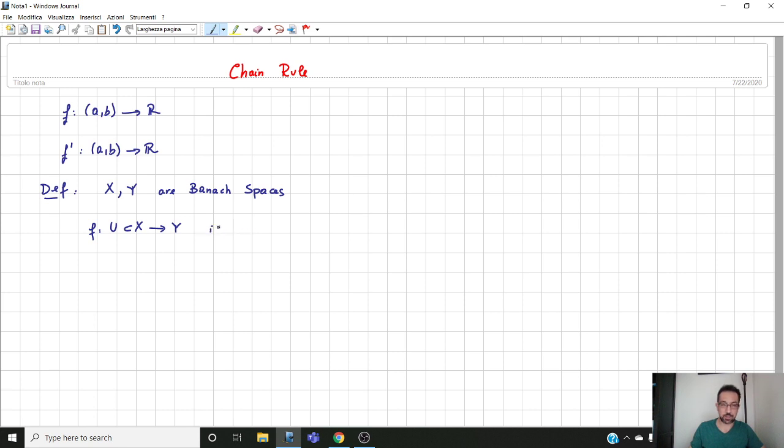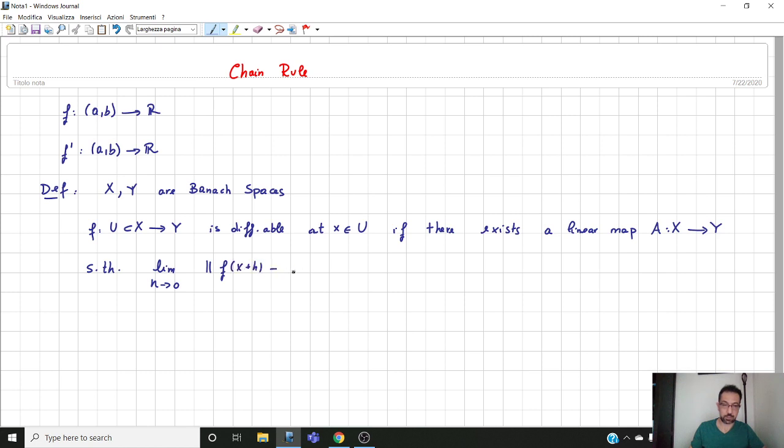And we say that f is differentiable at a point x that belongs to U if there exists a linear map A from X to Y such that the limit as h goes to 0 of the norm of f(x+h) minus f(x) minus A times h, divided by the norm of h, is equal to 0.